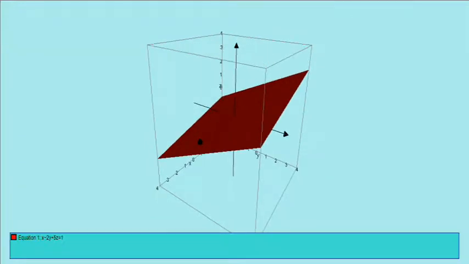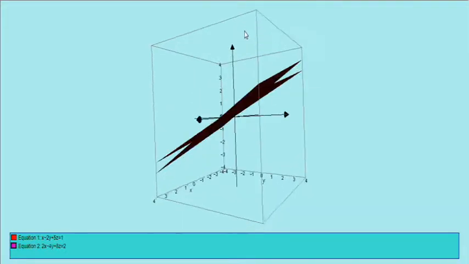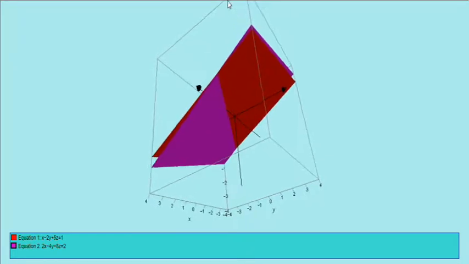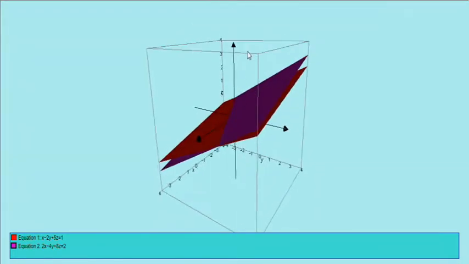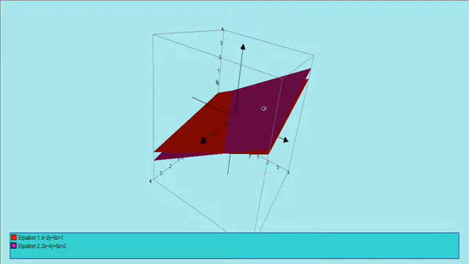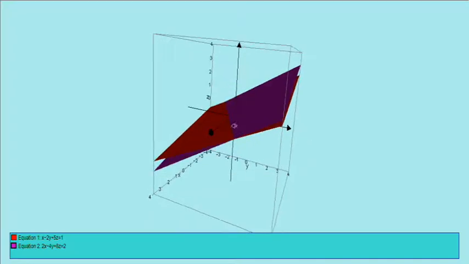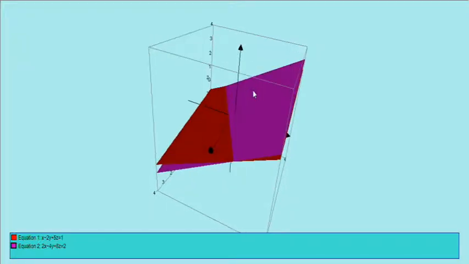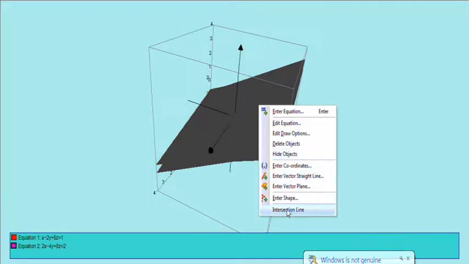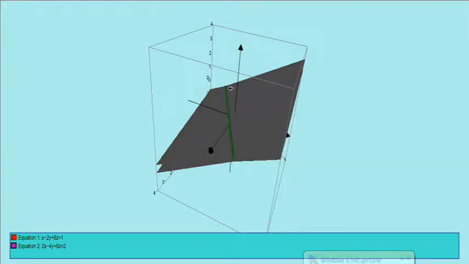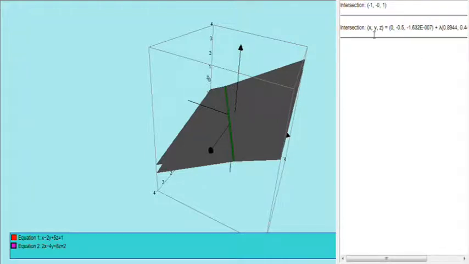The next plane is 2x take 4y plus 8z equals 2, and these two planes meet at a line which we have along this length here, and we shall calculate the equation of that line. There is the line, and its equation in vector form is over here.